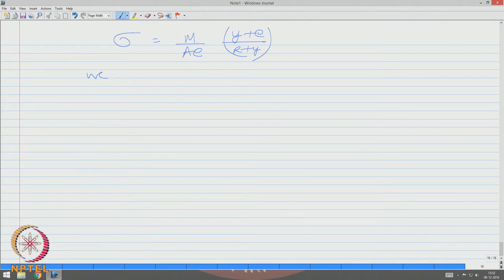We also know E is m by m minus 1 into r.